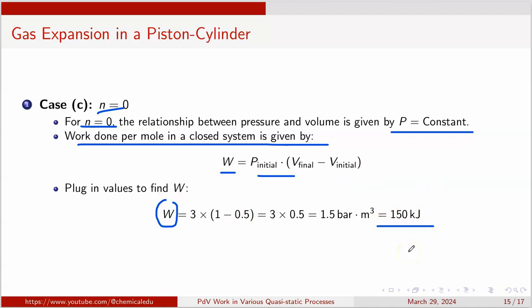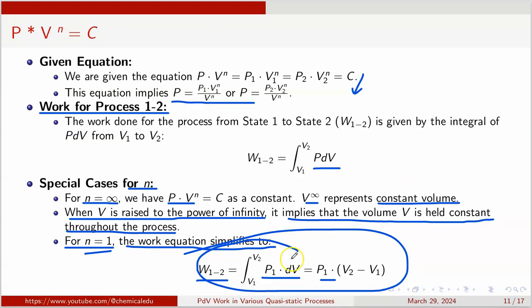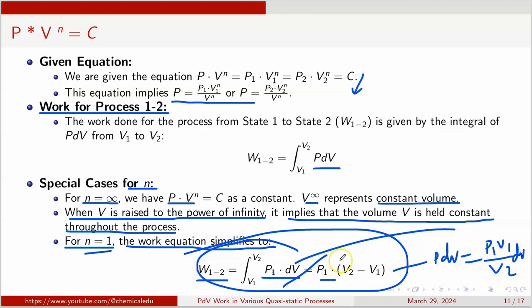That's it. Now one rectification. Earlier I wrote it incorrectly, it should not be P1 dV. For PdV, we have to take P1 V1 by V into dV, and then we have to integrate. So the earlier expression is not correct.